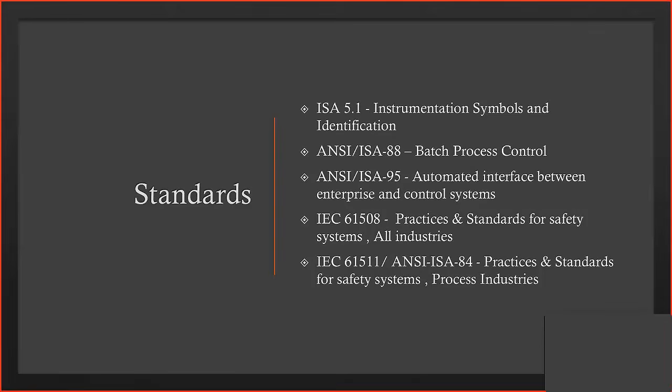Then there is IEC 61511, which is also called ANSI ISA 84. It documents only the practices and standards for safety systems of process automation. The first one, 61508, was for all industries, and this one is only for the process industries.